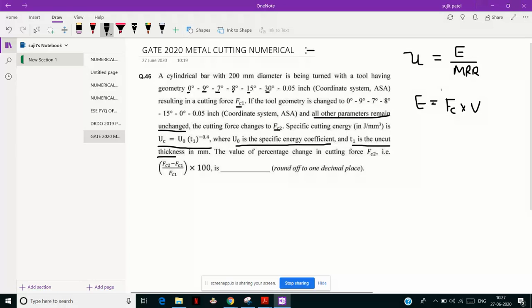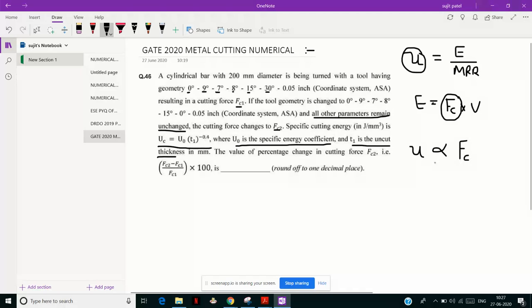That means material removal rate will remain the same, so cutting velocity will remain the same. The only change will be in cutting force and specific cutting energy.